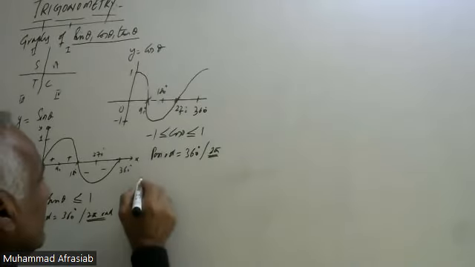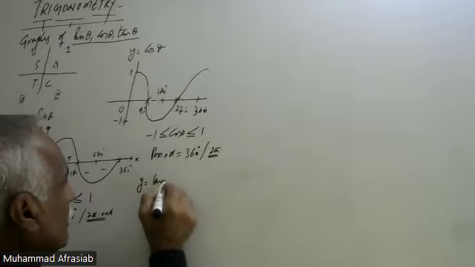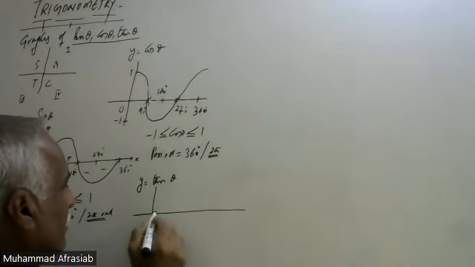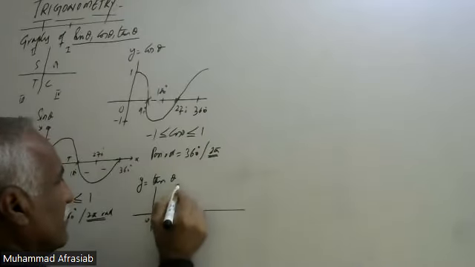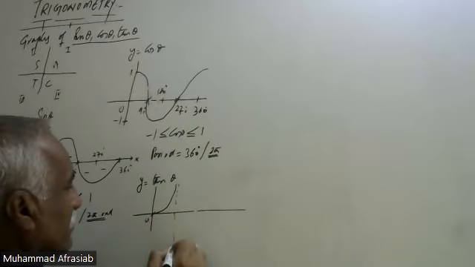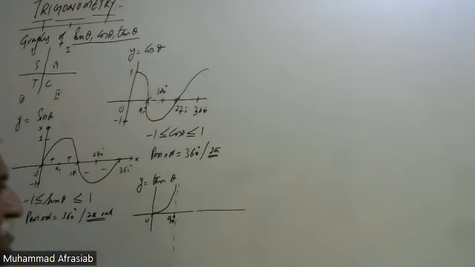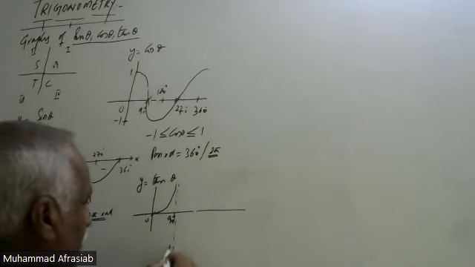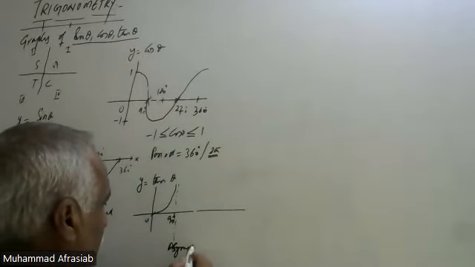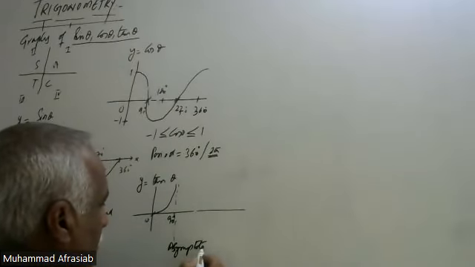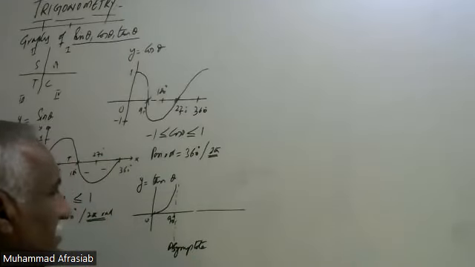Then the third type of graph is y equal to tangent theta. We know that at 90 degrees it is infinity, so there will be an imaginary line, which we call an asymptote, drawn at this point with dotted lines.